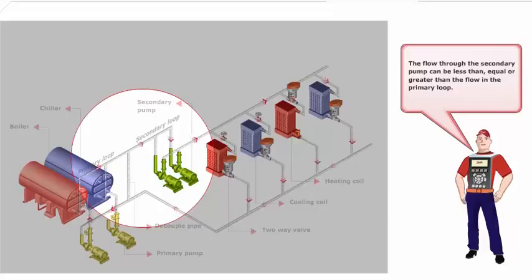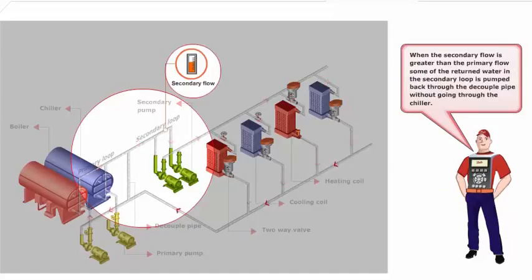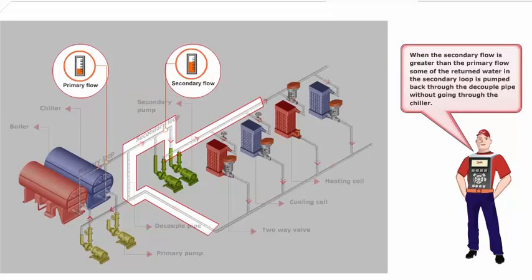The flow through the secondary pump can be less than, equal to, or greater than the flow in the primary loop. When the secondary flow is greater than the primary flow, some of the returned water in the secondary loop is pumped back through the decoupler pipe without going through the chiller.